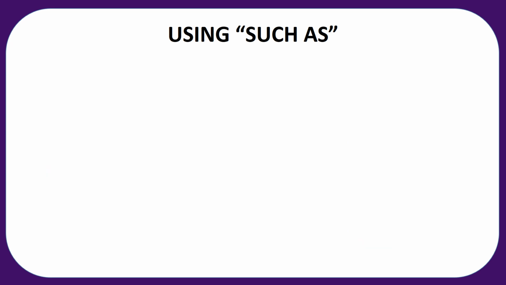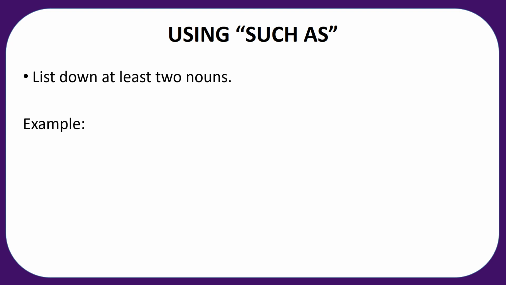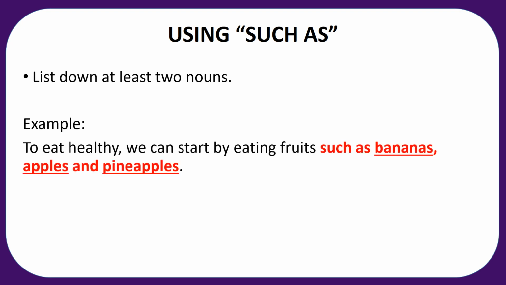And remember, when you are using such as, you can list down nouns, at least two nouns. Let's look at an example. To eat healthy, we can start by eating fruits such as bananas, one example, one noun, apples, two nouns, pineapples, three nouns. And please don't do this.